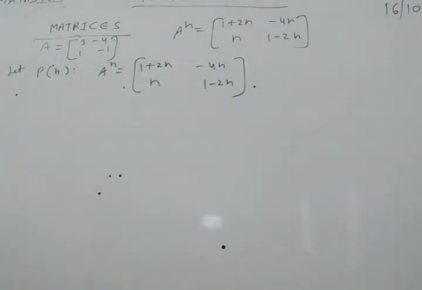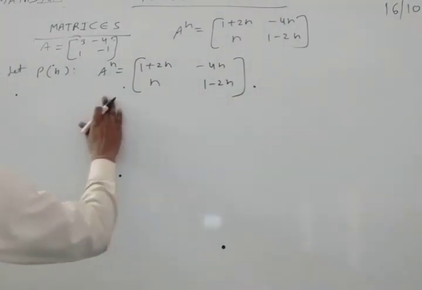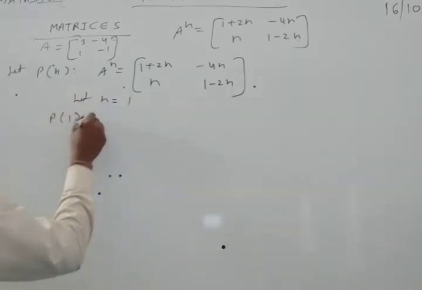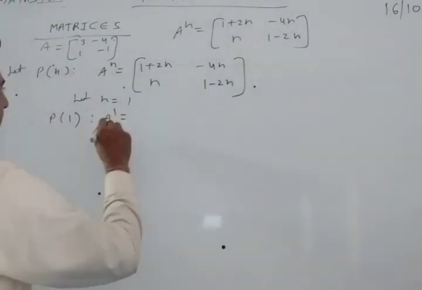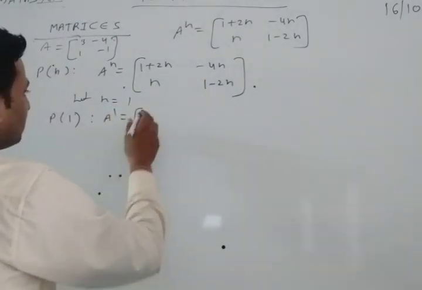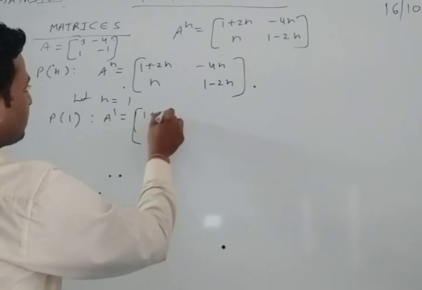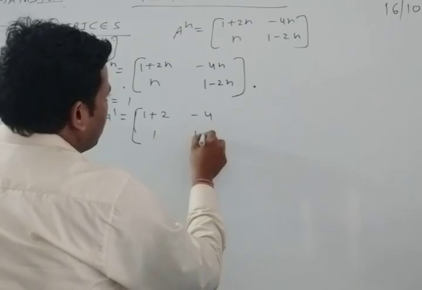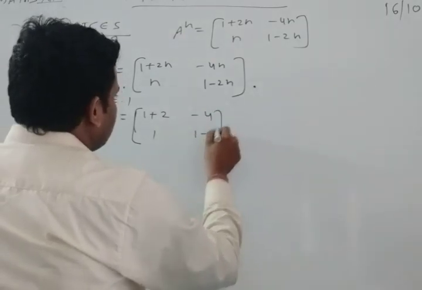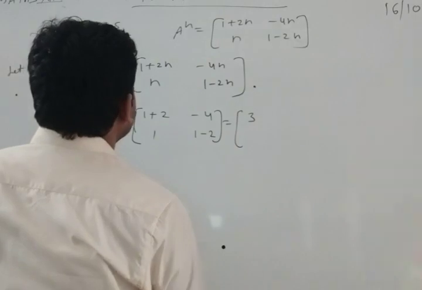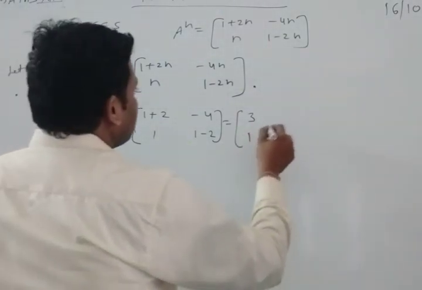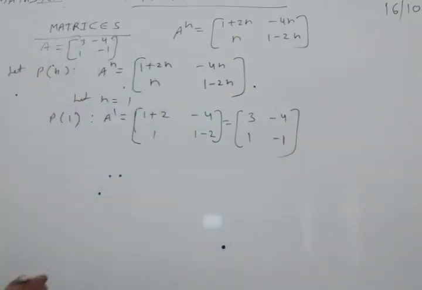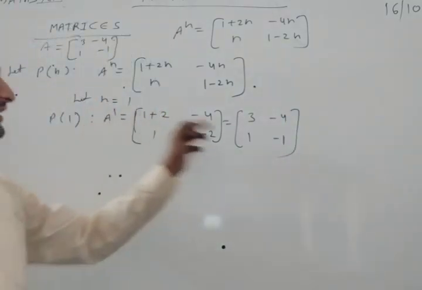For n is equal to 1, so let n is equal to 1, so P1: A to the power 1 is 1 plus 2, minus 4, 1, 1 minus 2, which is equal to 3, minus 4, 1, minus 1.